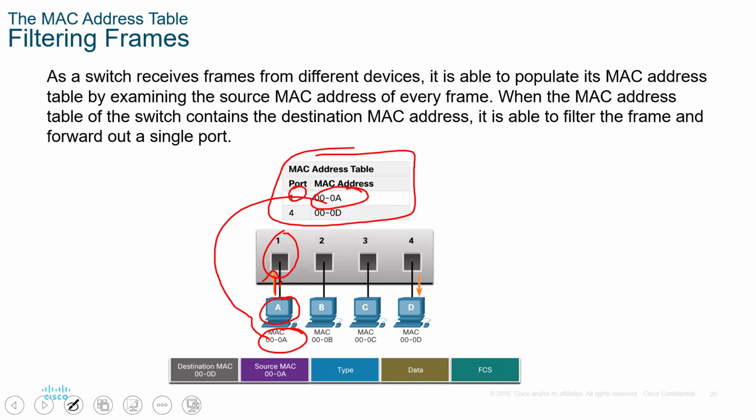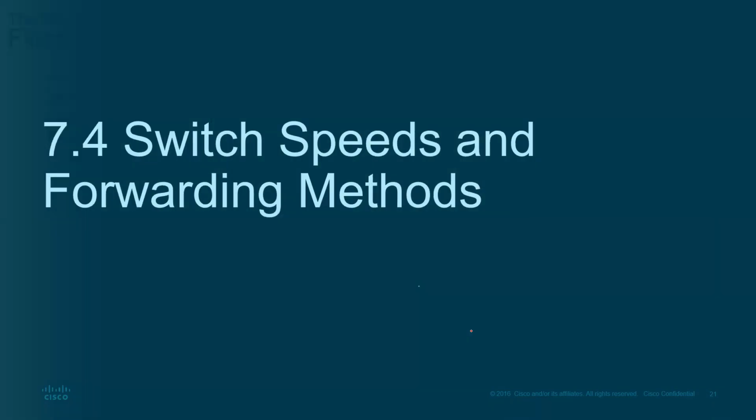Once the message gets to D and D sends an acknowledgement, the MAC address table will record, for port 4, host D. The MAC address of host D will be recorded in the table. So this is how it will continue until it builds the MAC address table of all the ports that are actually there.